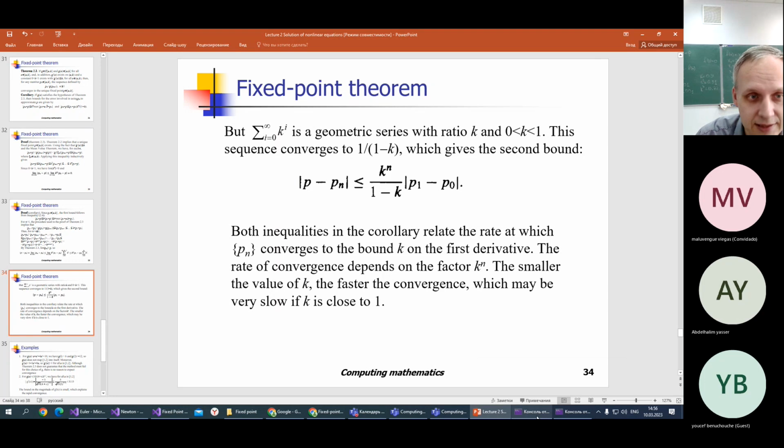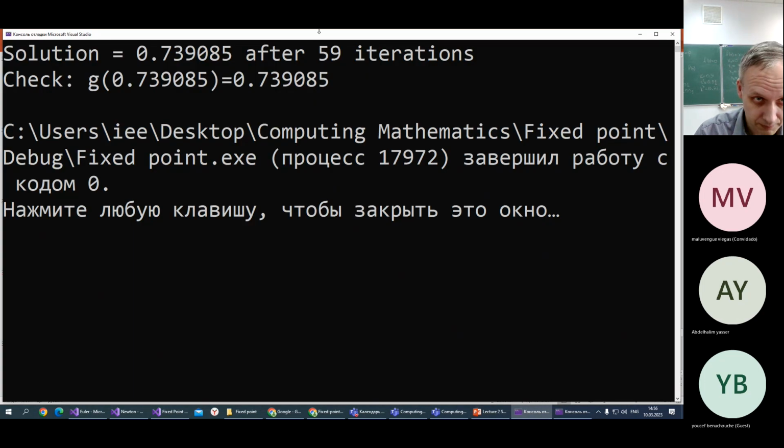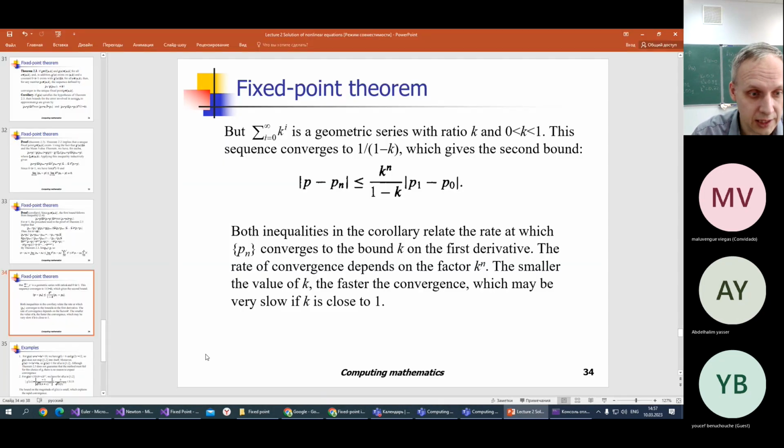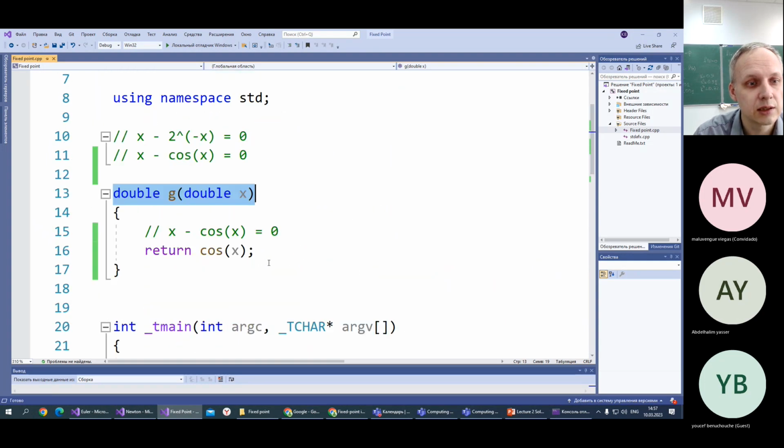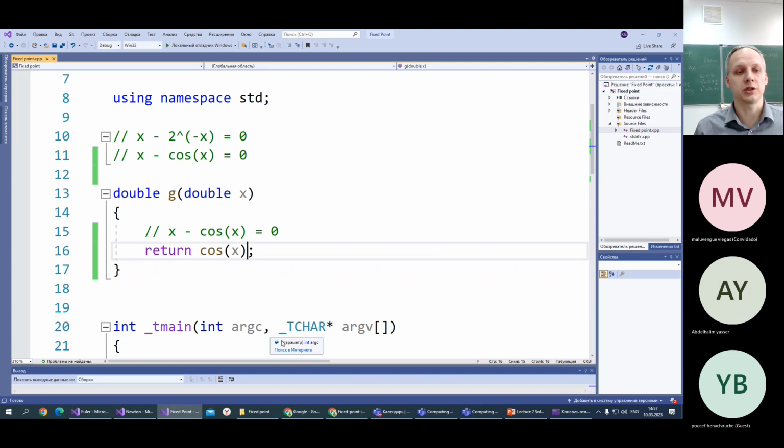You see on this example that the convergence is slow. We have 59 iterations, but let's consider another function, cos x over 2.